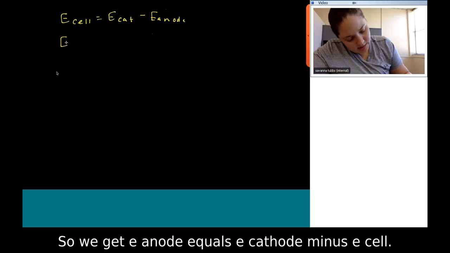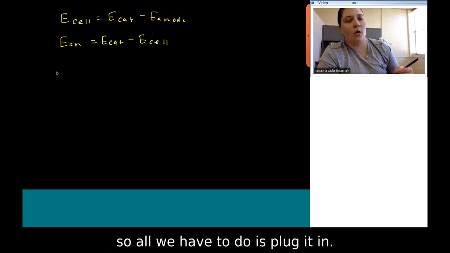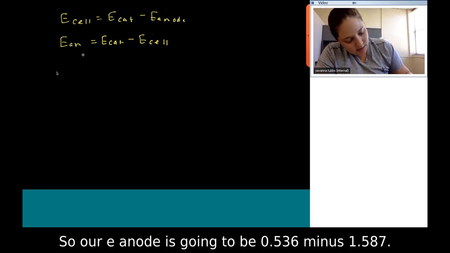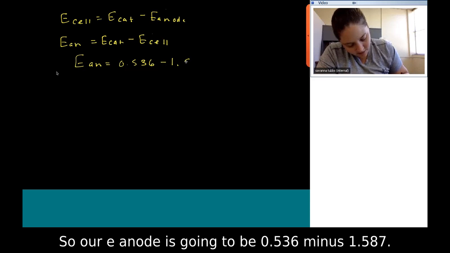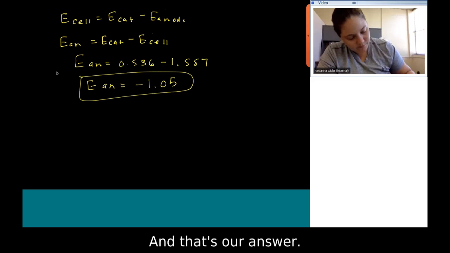So we get E anode equals E cathode minus E cell. And they gave us our E cell and they gave us our E cathode, so all we have to do is plug it in. So our E anode is going to be 0.536 minus 1.587. So our E anode is going to be negative 1.05. And that's our answer.